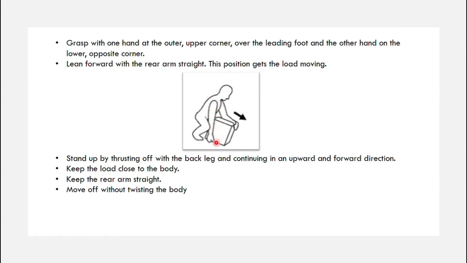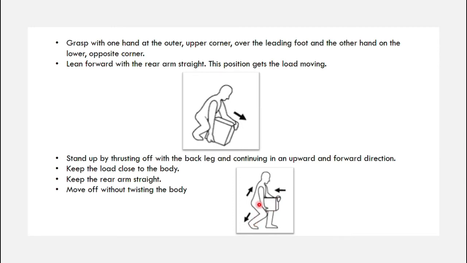Arm niya straight. This position gets the load moving. Stand up by thrusting up with the back leg. Yan, ito yung back leg. Parang yung back leg yung umaalalay doon sa buhat.